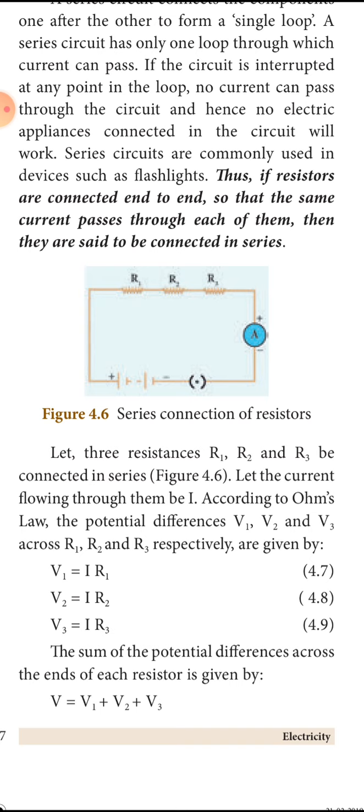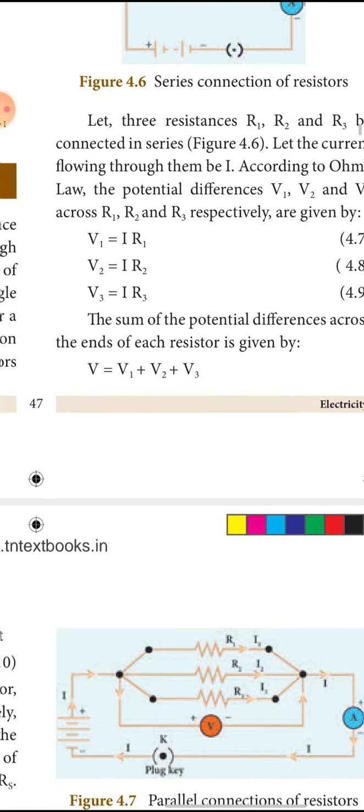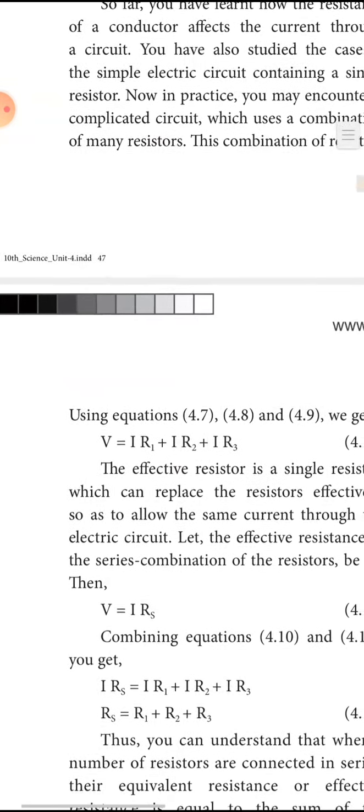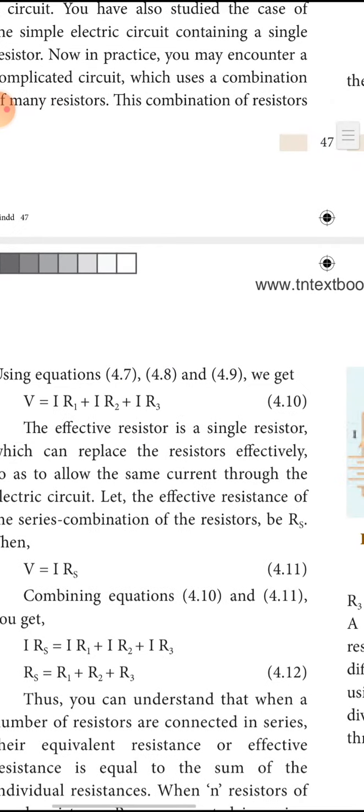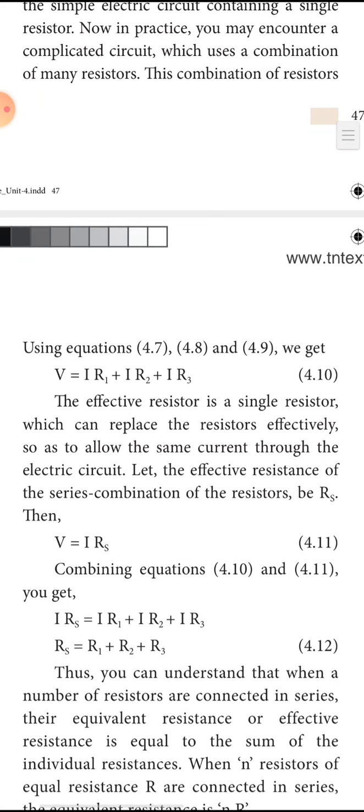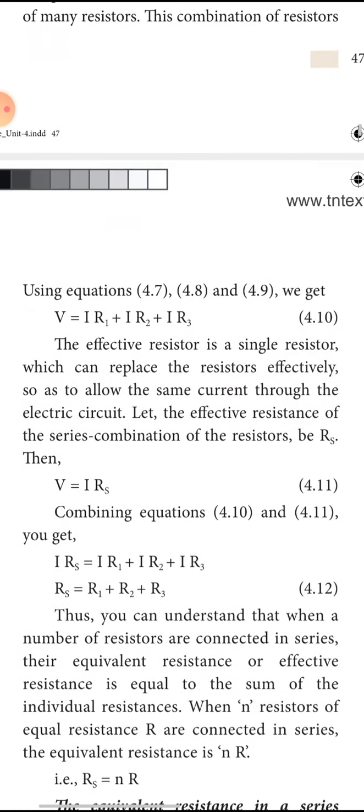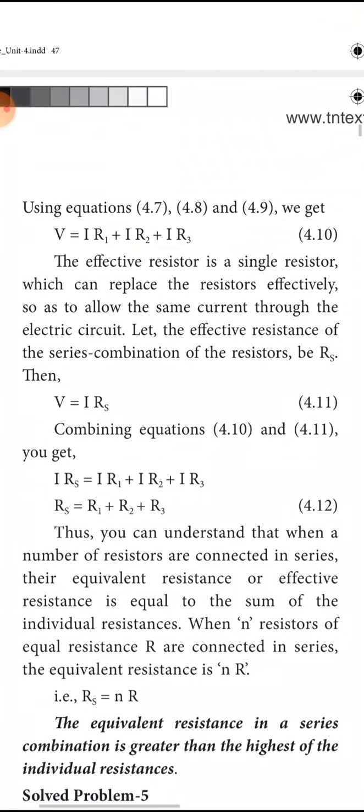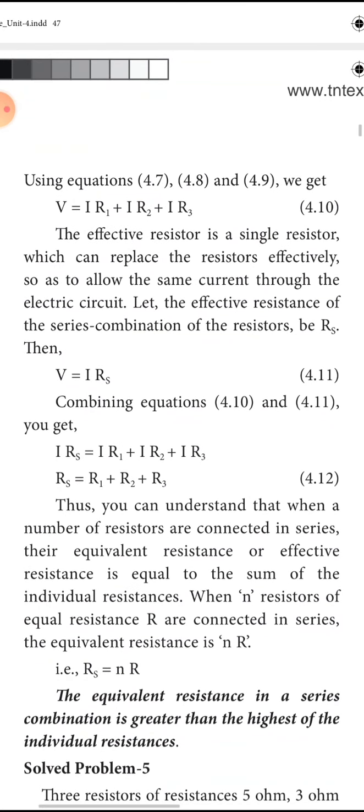By Ohm's law, V1 is equal to IR1, V2 is equal to IR2 and V3 is equal to IR3. Summing all the equations, V is equal to V1 plus V2 plus V3, so V is equal to IR1 plus IR2 plus IR3.